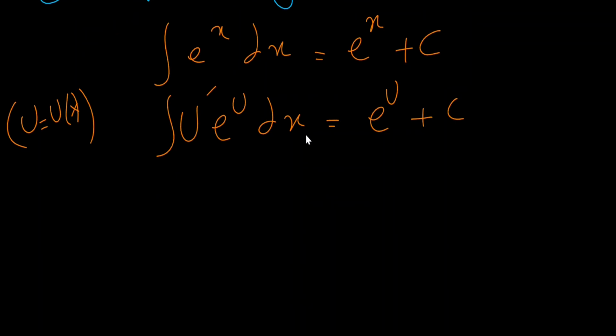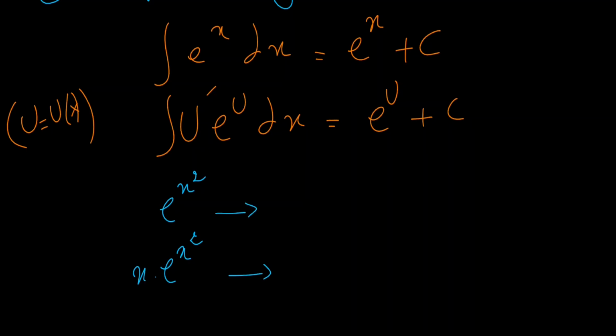To understand the limitation of these rules, let's take two examples: exponential of x squared and exponential of x squared multiplied by x.